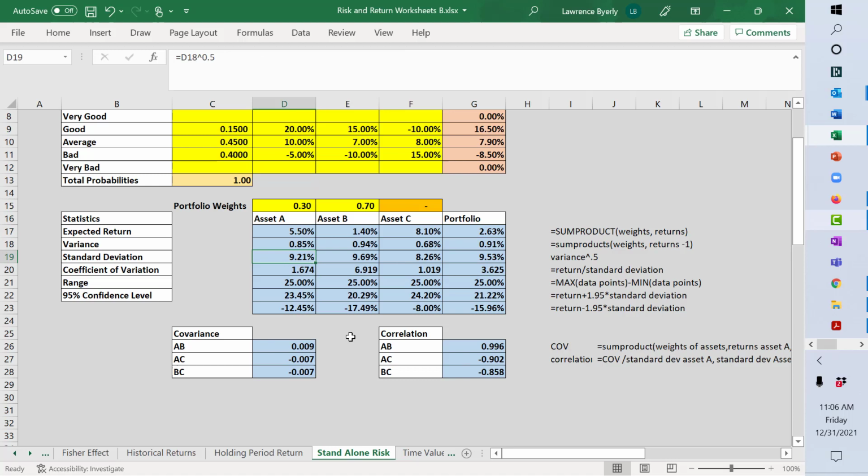But what if we put 30% in A, and let's put nothing in B. Everything else then will be in asset C. So we have 30% in A, 70% in C. Now let's see what happens. Again, a lot more return because there's more weight to the higher asset return. But look what happened to risk, right?